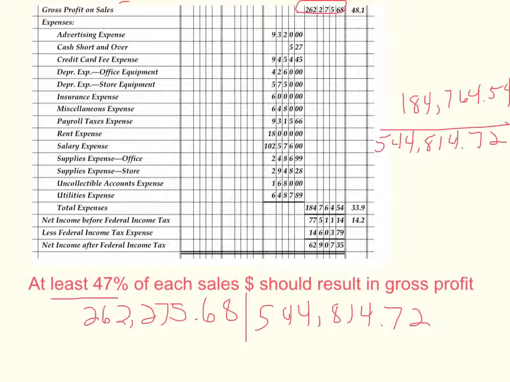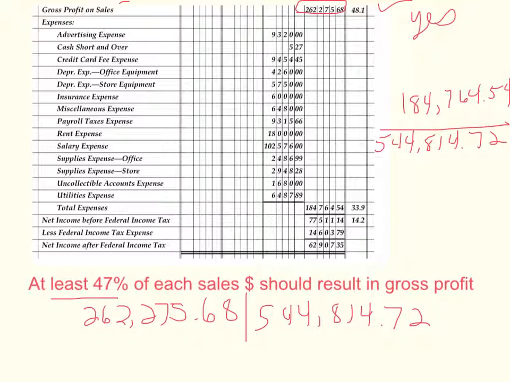This calculates out to 48.1%. 48.1% is at least 47% of each sales dollar. So this was an acceptable ratio.